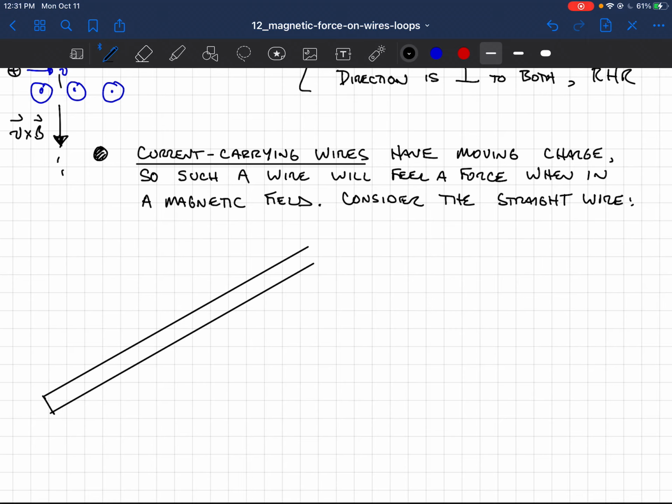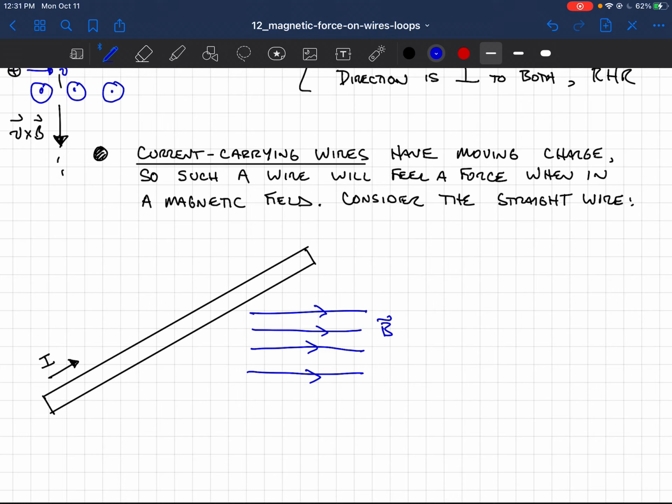So let's say that it's this straight wire, and it has a current that's moving in this direction. And then let's assume that there's a magnetic field maybe in this direction here. And we'll just make it uniform. So there's some magnetic field pointing like this.